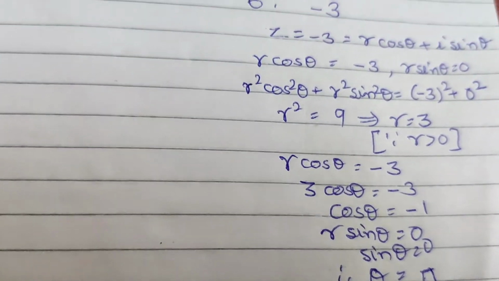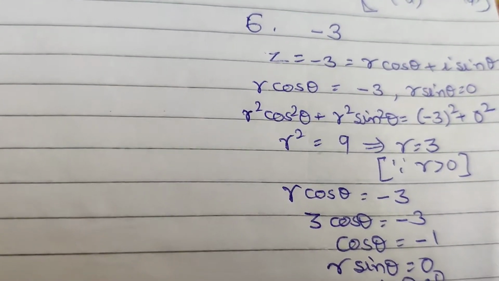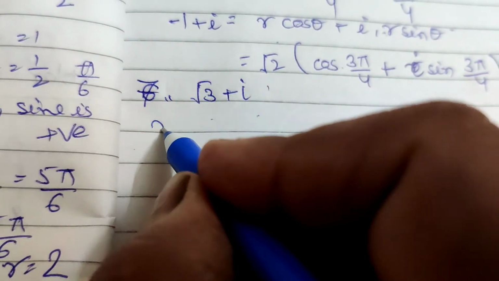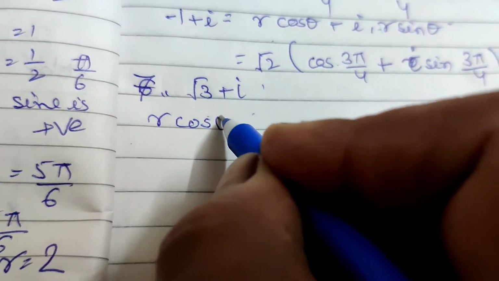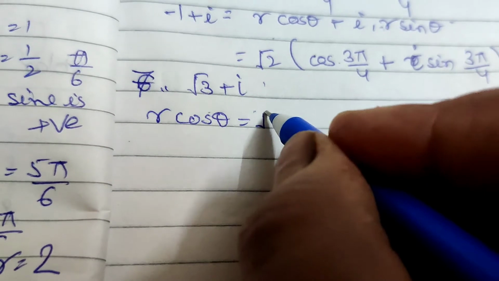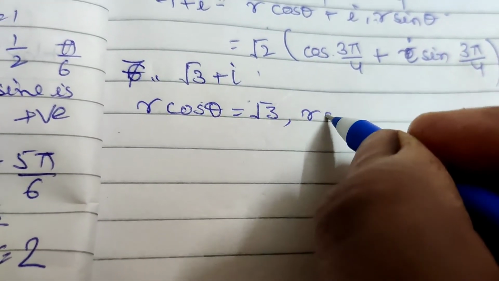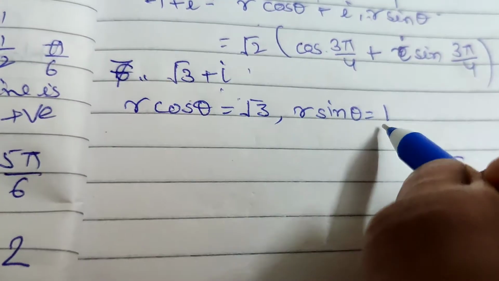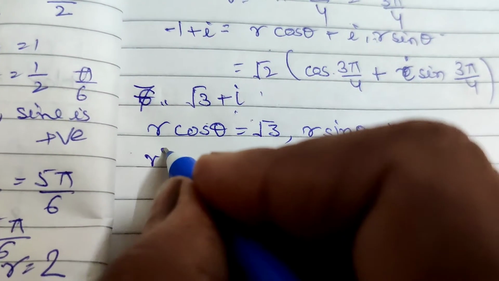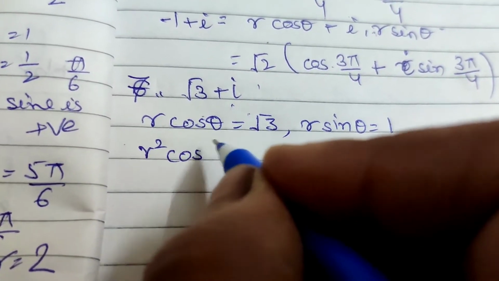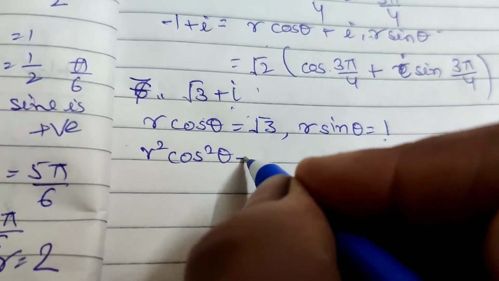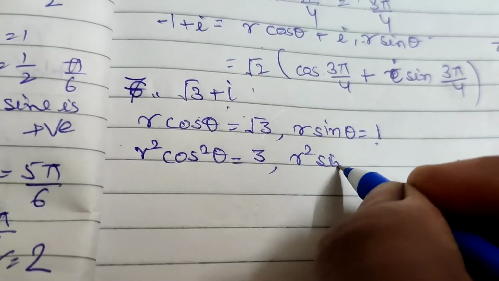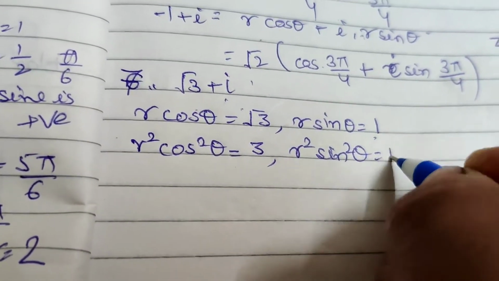Okay, next question number 7. The number is root 3 plus i. Now compare r cos theta equal to root 3 and r sin theta equal to 1. Squaring both sides, r square cos square theta equal to 3 and r square sin square theta equal to 1.